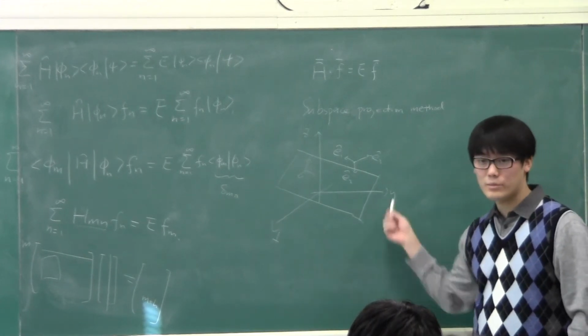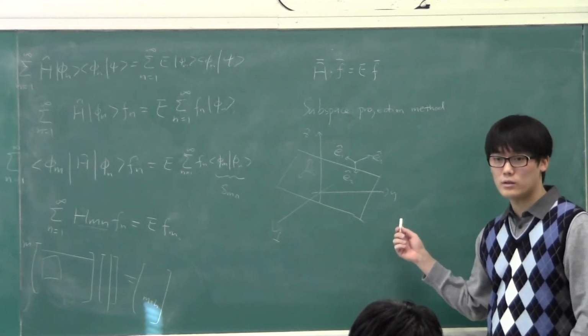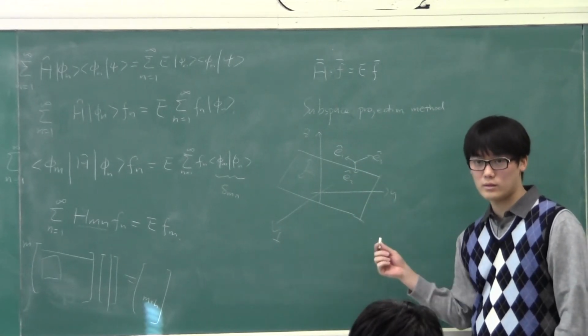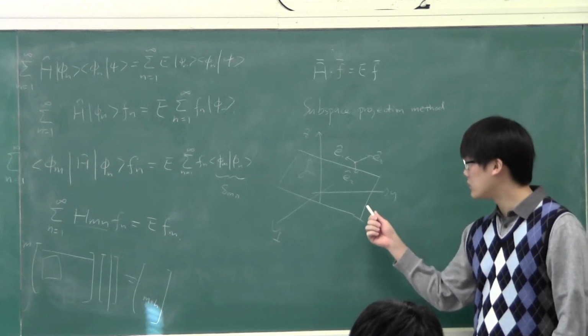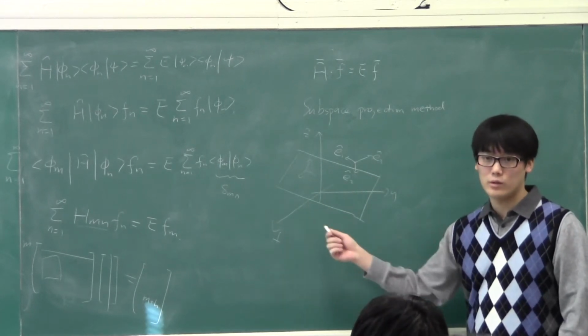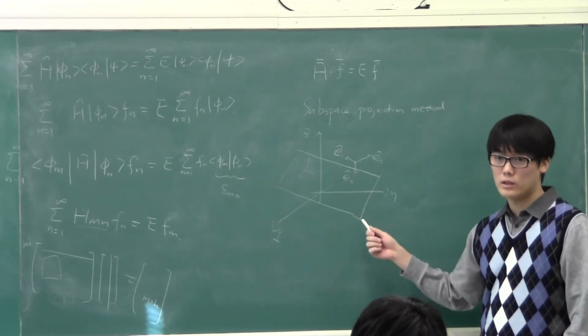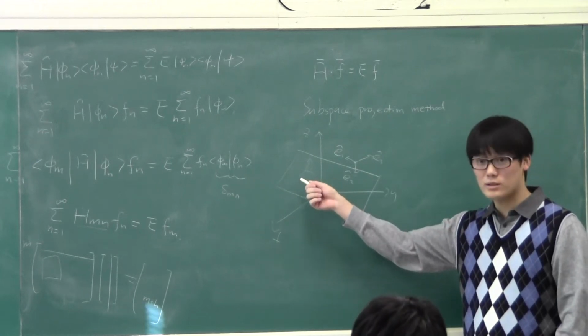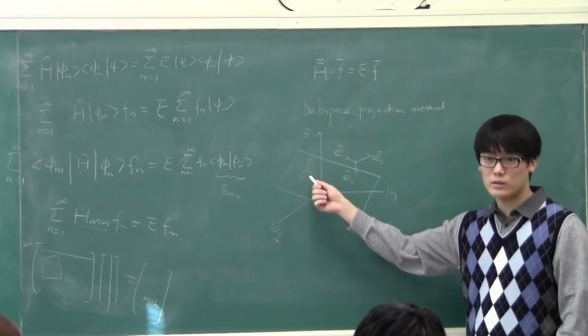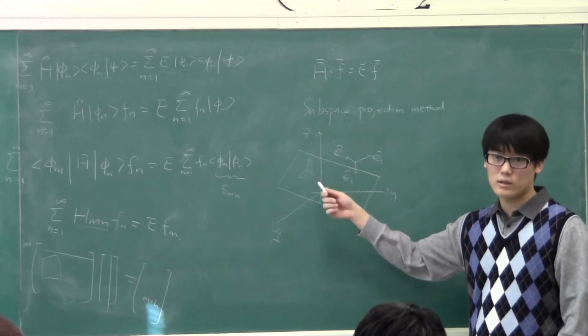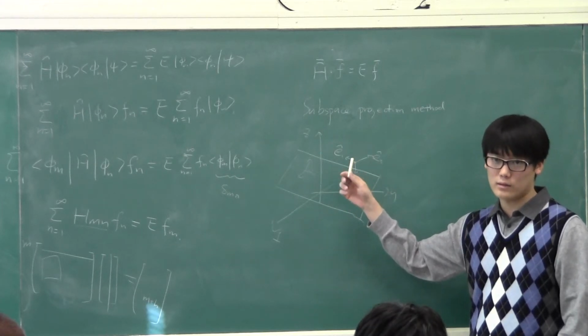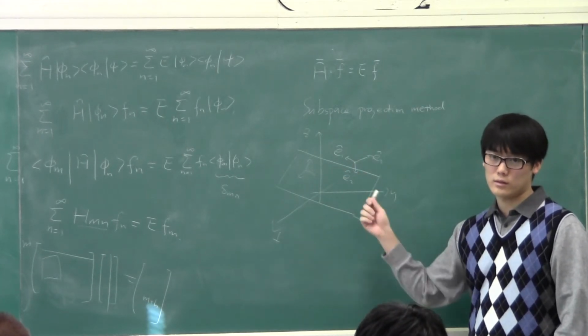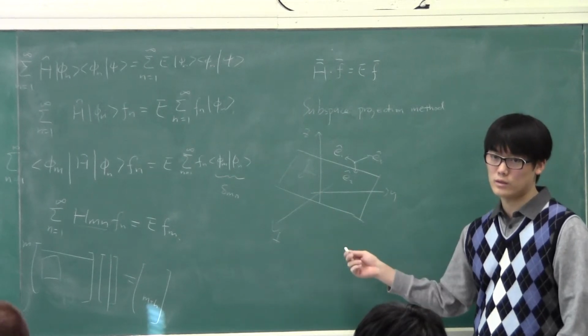So the plane is a subspace of the three-dimensional space. When most of the problem is happening in this subspace, we typically choose our coordinate system so as to just span this subspace. And whatever is coming out of the plane, if it's not important, we just neglect it. So this is a picture of the subspace projection.